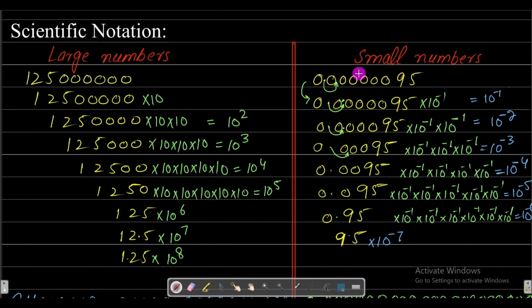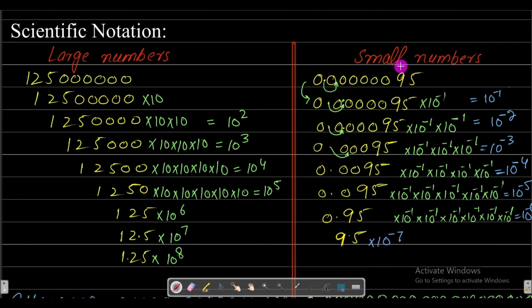Now, this is the scientific form, the scientific notation of this number. So here, the size of this number is very large. So here we have 1, 2, 3, 4, 5, 6, 7, 8, 9. We have 9 numbers here. We reduce the size of these 9 numbers to 1, 2, 3, 4, 5.